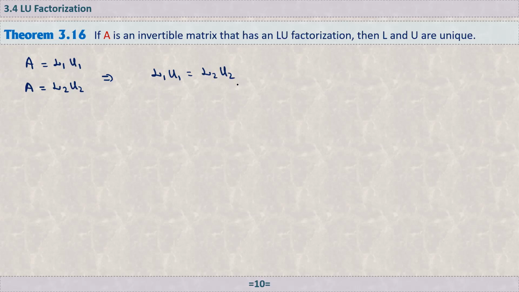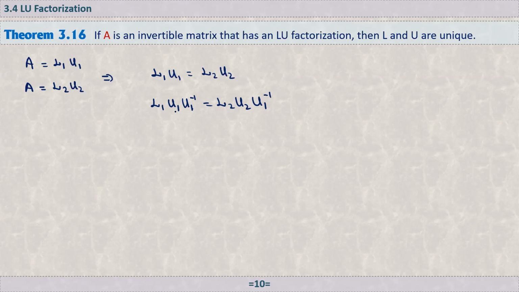Okay. So now from here, let me multiply both sides, let's start from the right. So L1 U1, let me multiply both sides by the inverse of U1. So here we have L2 U2, here we have U1 inverse. And what is U1 U1 inverse?